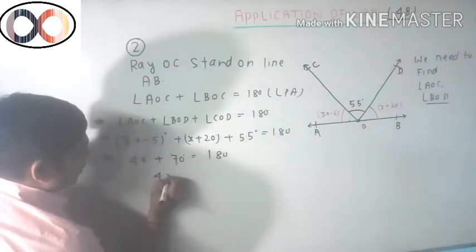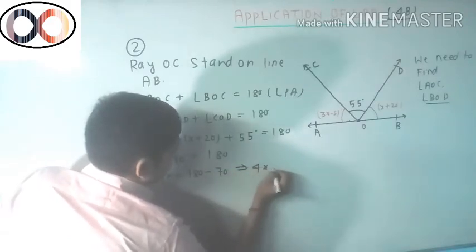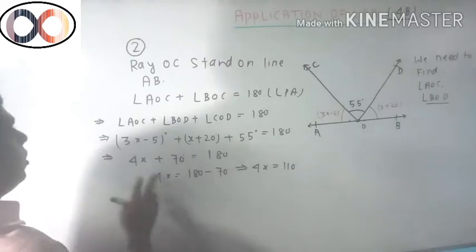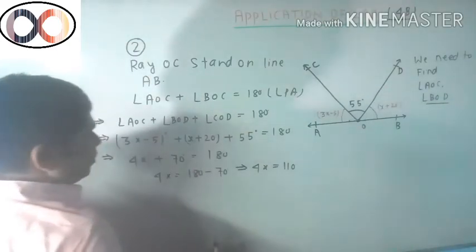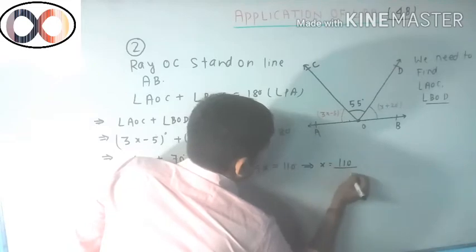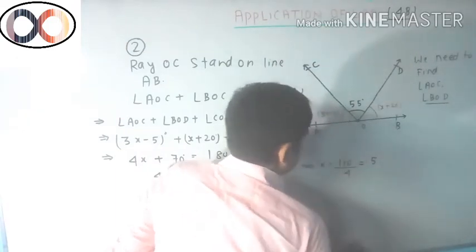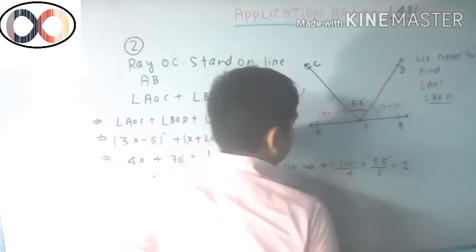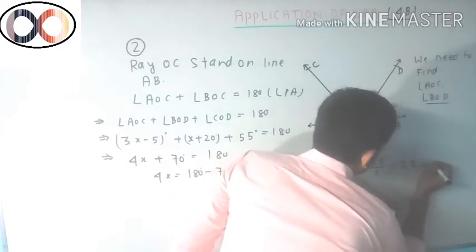So 4x equals 180 minus 70, that is 110. Then we divide, and we get x equals 110 by 4, that is 55 by 2, which is 27.5.